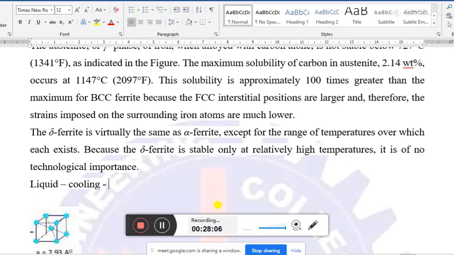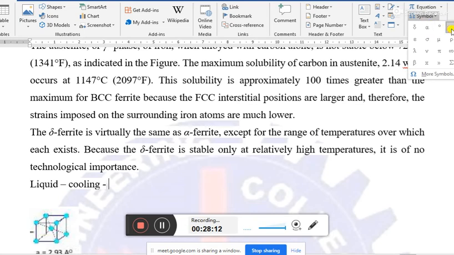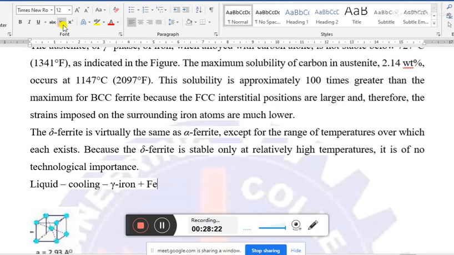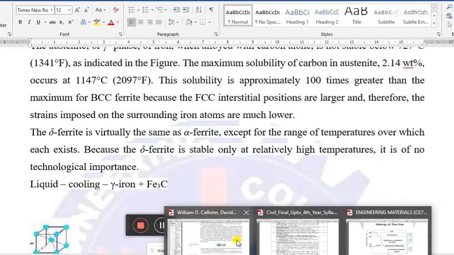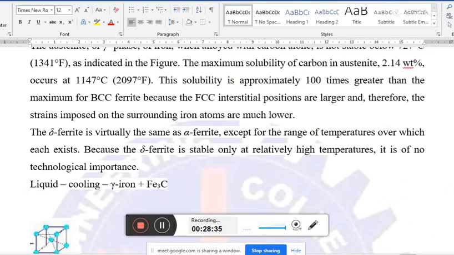There will be a mixture of gamma iron plus Fe, that is iron ferrite, Fe3C, and obviously if this is heated up, then this portion will be made liquid.